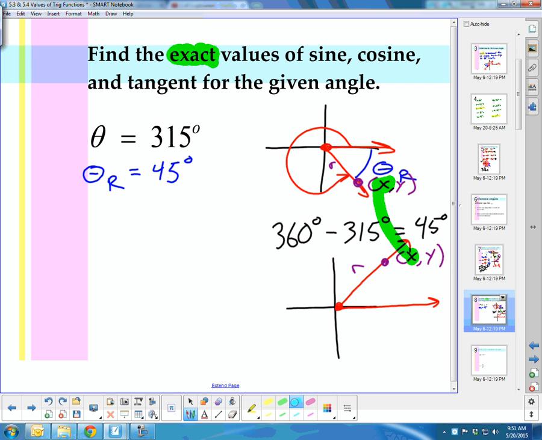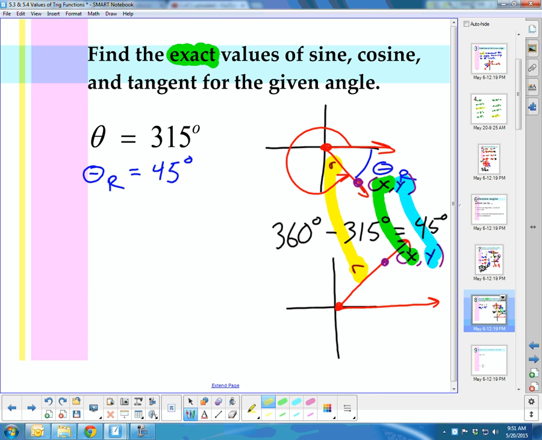And I would say that these two y's are going to have opposite values. Furthermore, I could say that the r's are going to be the same. And that's what it's all about. What is the same? What is different? And the things that are different are just opposites, nothing more than that.